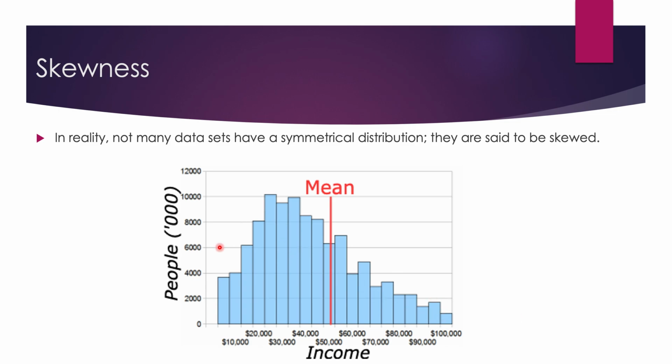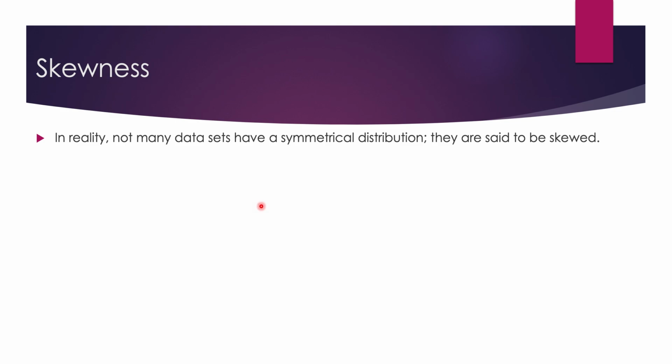More people have less income, and fewer people have more income, which is true in most societies. The mean is here, and we can see that this data is skewed. Agree? I have more people that have less income. So very different to the previous examples that I had.